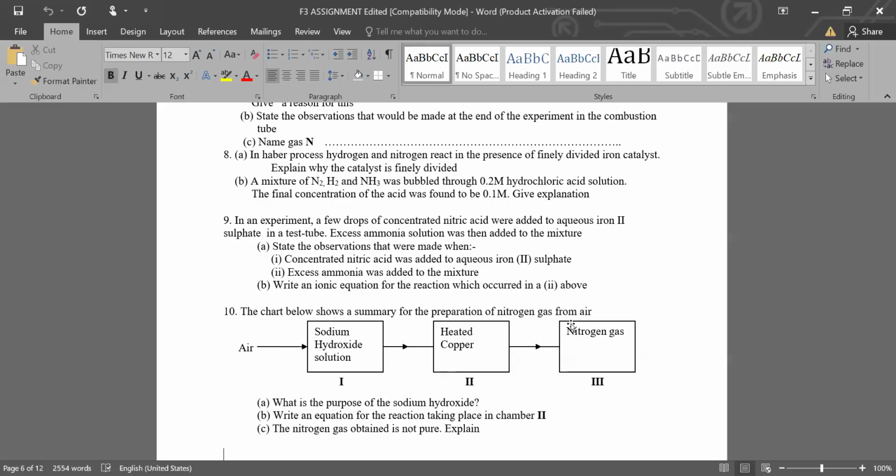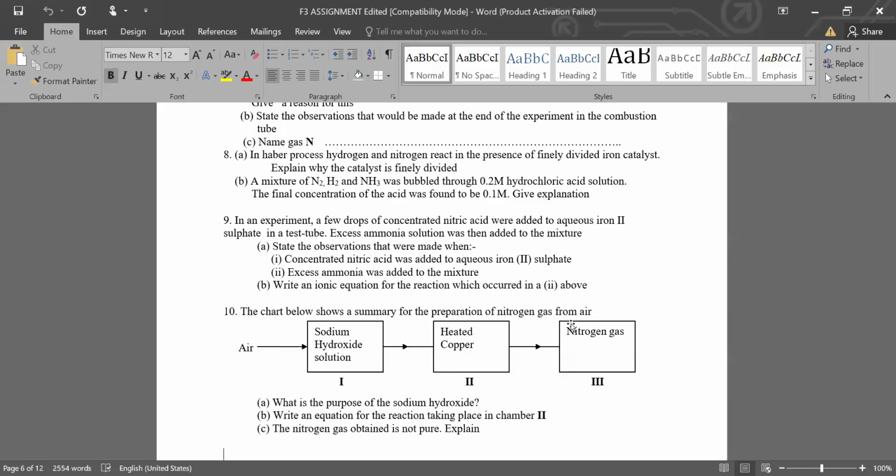So when writing the ionic equation for the reaction that occurred in Roman number 2, when a precipitate is formed, what is the precipitate? The precipitate is iron 3 hydroxide. So we write it on the product side. And then on the reactant side, how was it formed? By iron 3 ions plus 3 hydroxide ions.